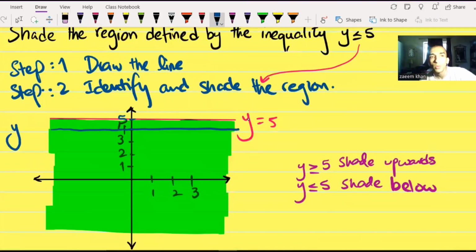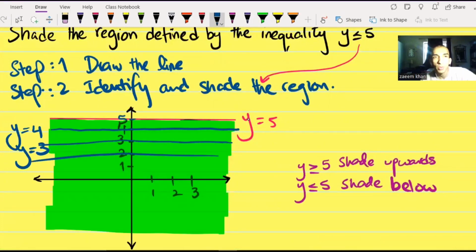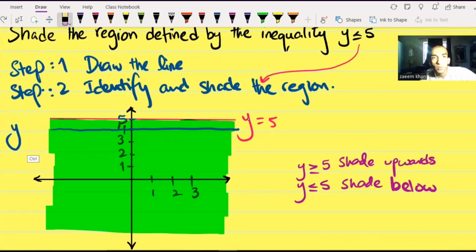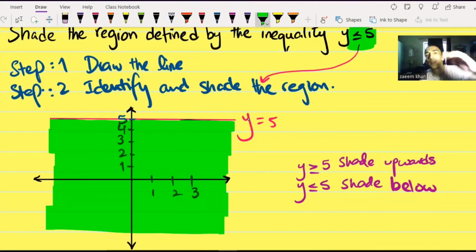Y equals 4, and 4 is less than 5. This line is y equals 3, and similarly this is y equals 2. Aren't all of these values less than 5? So we shade the entire region which is below 5.